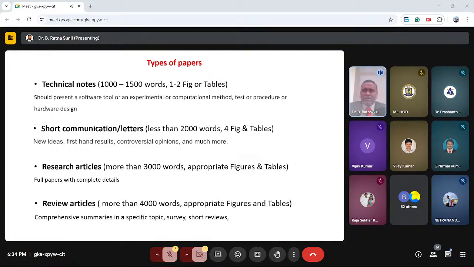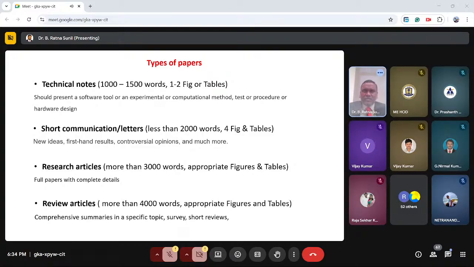The first three categories of papers are our own papers, based on our own research work and the data analysis that we have. The fourth category is the review article, where we try to summarize or give a systematic review of the existing knowledge. Usually that will be more than 4000 words with an appropriate number of figures and tables.